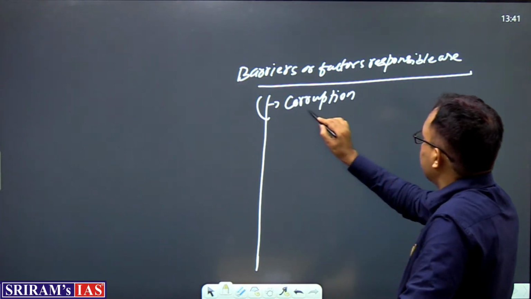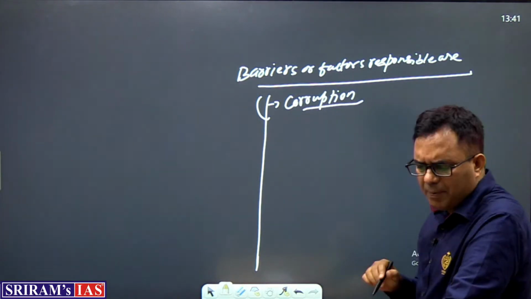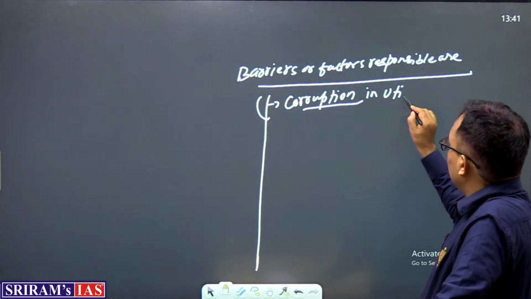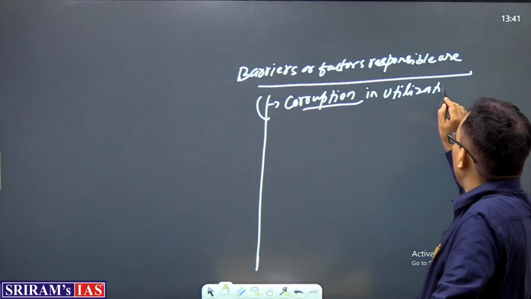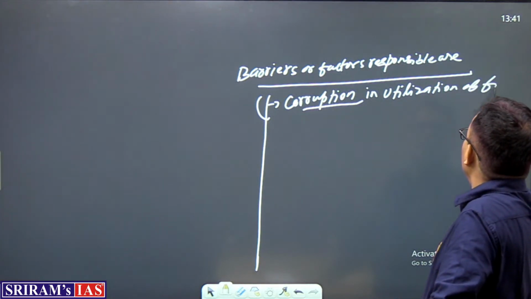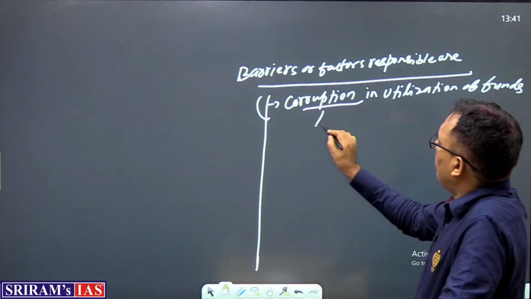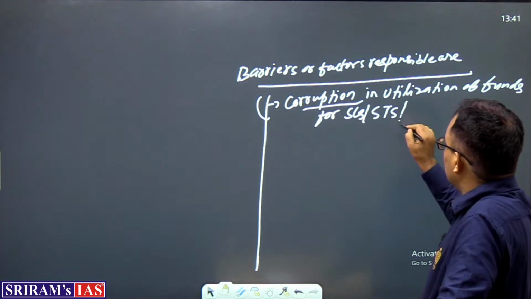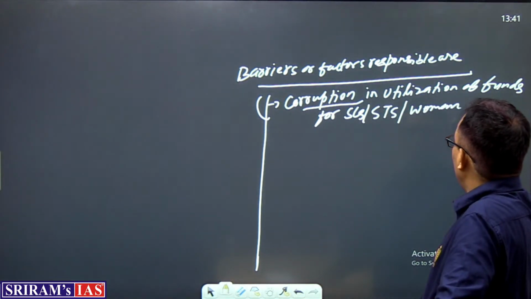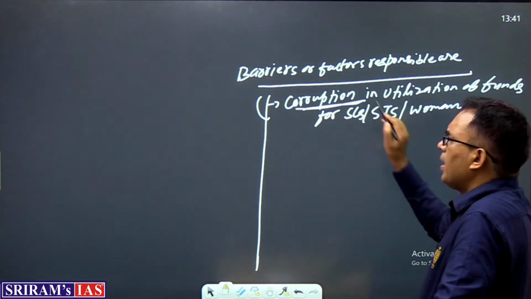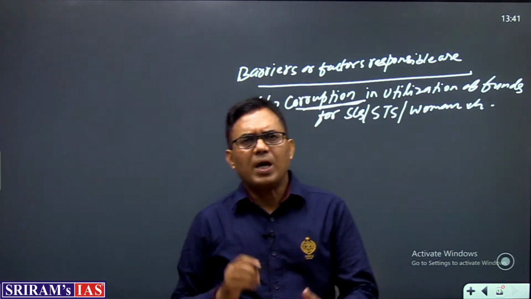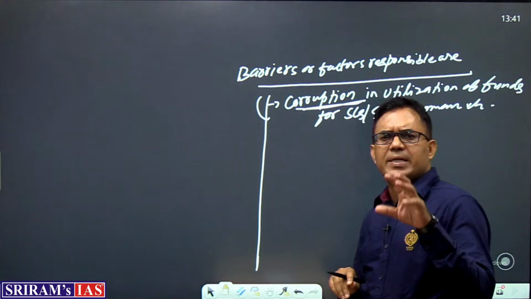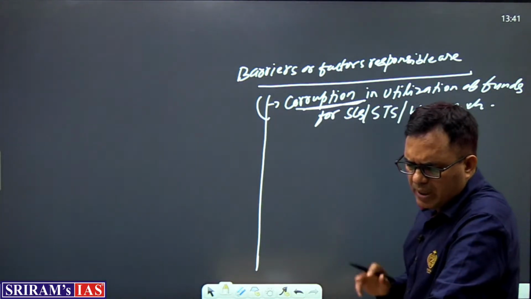Corruption is the main factor: corruption in the utilization of funds for SCs, STs, women, etc. More corruption is prevalent over there in the utilization. So the benefit is exactly not reaching that section of society.